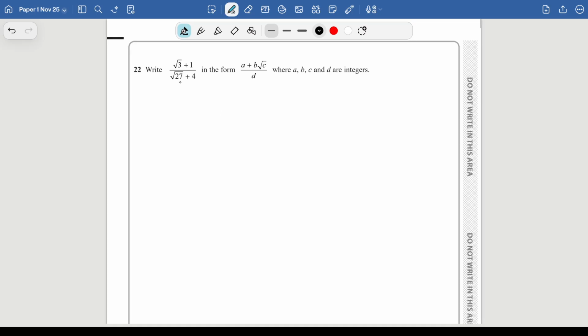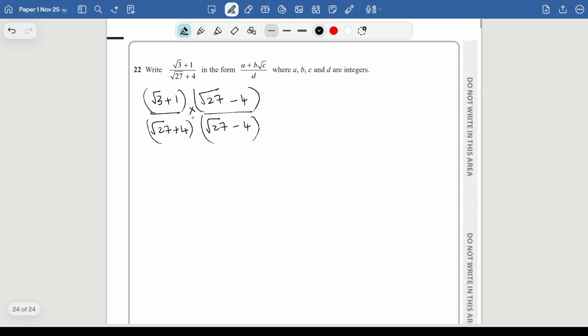Using its conjugate, the conjugate of root 27 plus 4 will be root 27 minus 4. So writing this here again, root 3 plus 1 over root 27 plus 4. Rationalizing it, root 27 minus 4 over root 27 minus 4. Let me put them in brackets so that we don't miss any term.